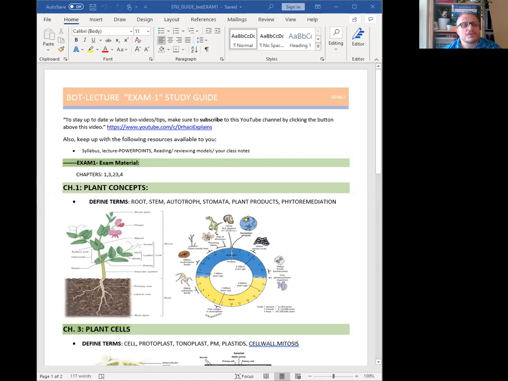Today I'm going to do a review for exam 1 EOT 3303. So we have four chapters: chapters 1, 3, 23, and 24. Starting with chapter 1, basically chapter 1 starts with just an introduction to botany and why plants are important, why we study plants.